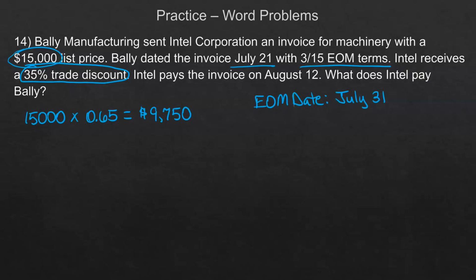So it was paid on 8/12, right? And that's within the discount period because this time the discount period is 15 days, right? 3% off if we pay in 15 days.